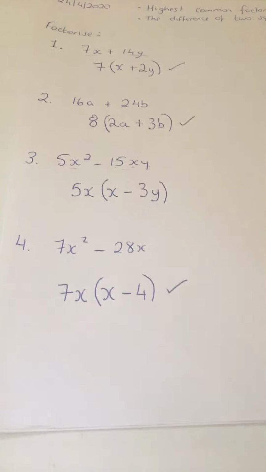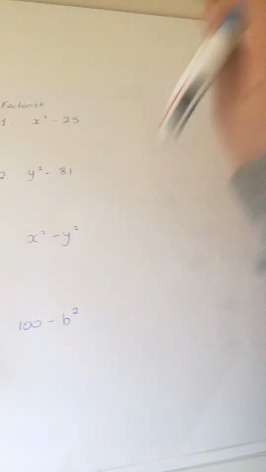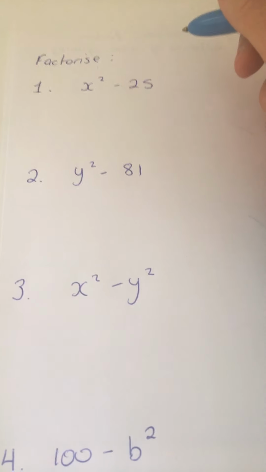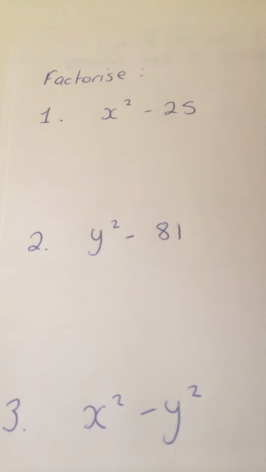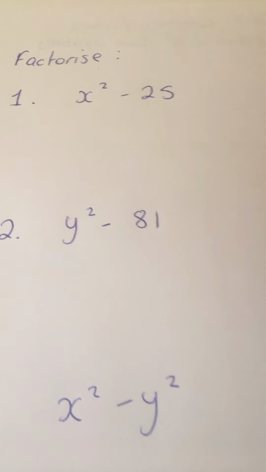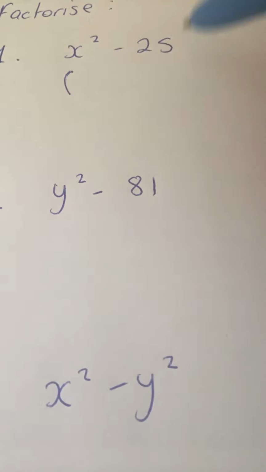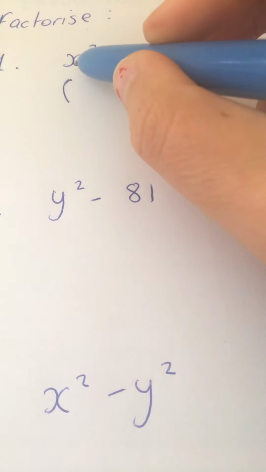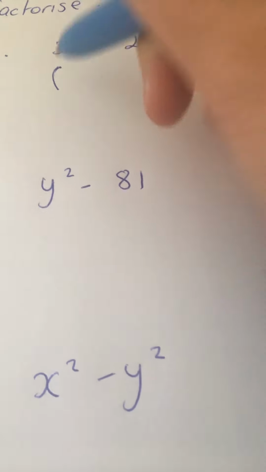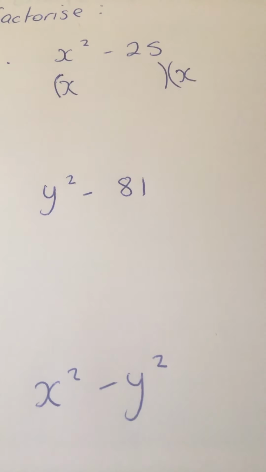Okay. Next one then are these types. So again, pause the video if you want to take down the examples, or pause them after each time I do them. So these ones, if you remember guys, they're actually really easy, but people just always forget how to do them. They're really, really simple. What you do is we open up two brackets. Okay, what are the factors of x squared? x and x.